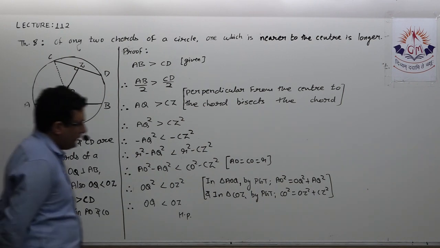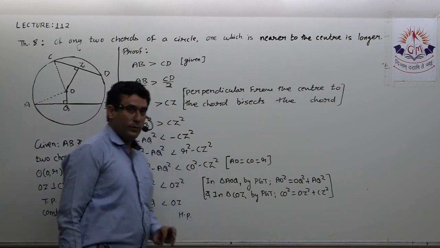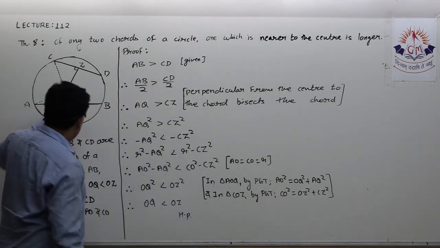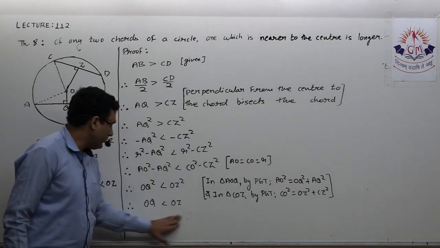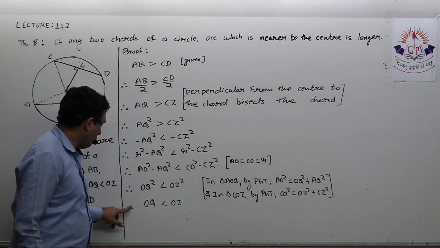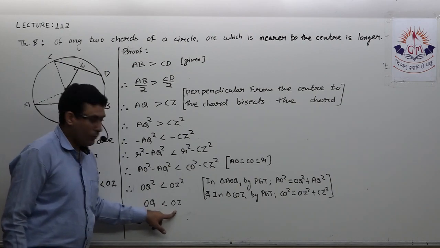Okay, so see, the proof is already given on the screen. How? It is given OQ is less than OZ. So if I start from this point, OQ is less than OZ.